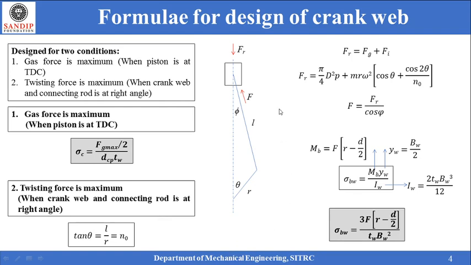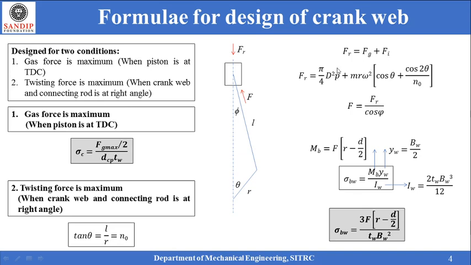Now the first task for designing against twisting force is to calculate the Conrod force F. This force acts along the connecting rod, which is a function of the force Fr, which is acting along the axis of the cylinder. The resultant force Fr is addition of the gas force plus inertia force due to the reciprocating components.